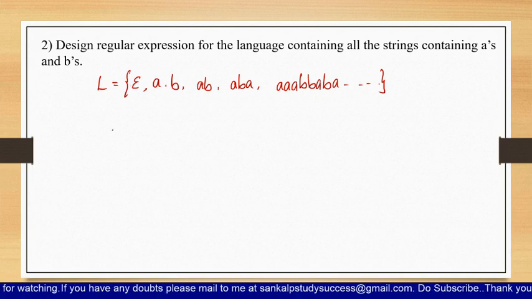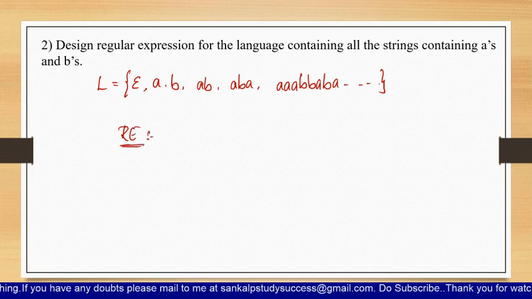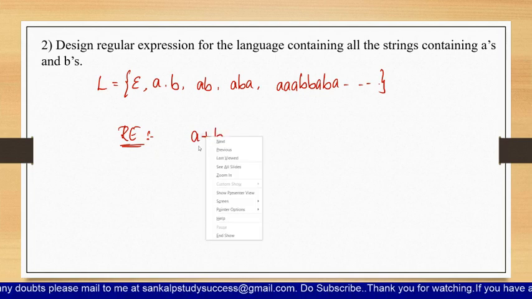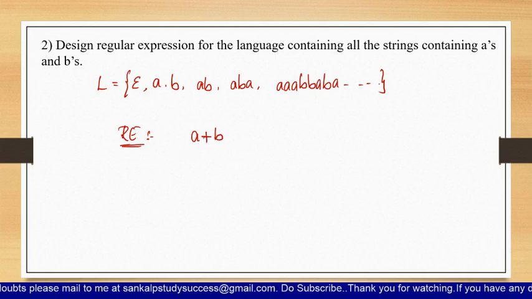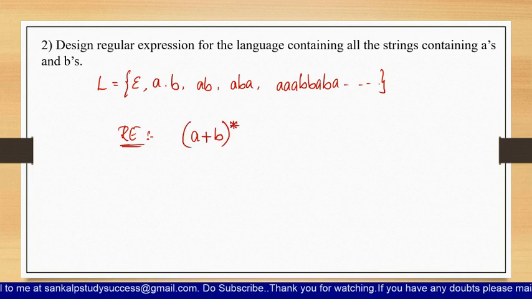How do you write the regular expression? The regular expression can be A plus B, because plus denotes the combination of A's and B's. For any number of A's and B's, we take the whole thing with an asterisk, because it denotes any number of combinations.